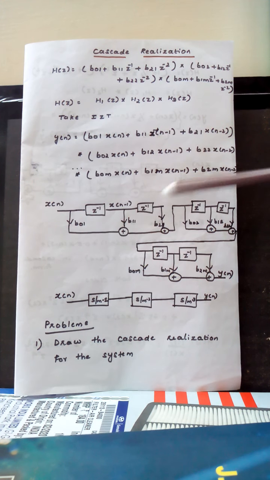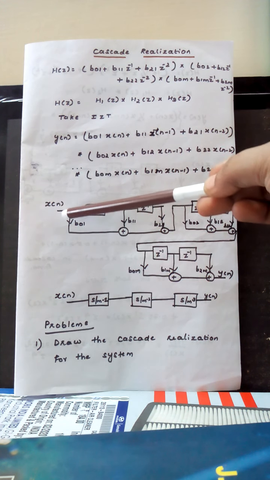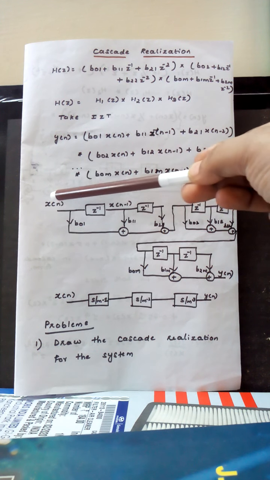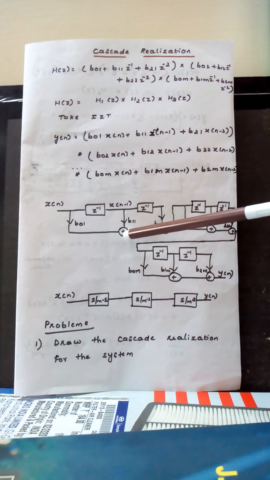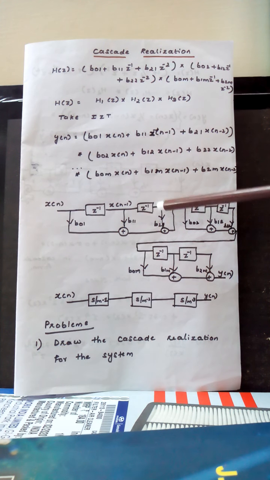Again here we are using one more delay operator, so that we get the signal x(n-2), that is multiplied with b21, correct. Then we have to add all the terms. So we add b01 multiplied with x(n), that is added with b11 into x(n-1), that is added with x(n-2) into b21, correct.